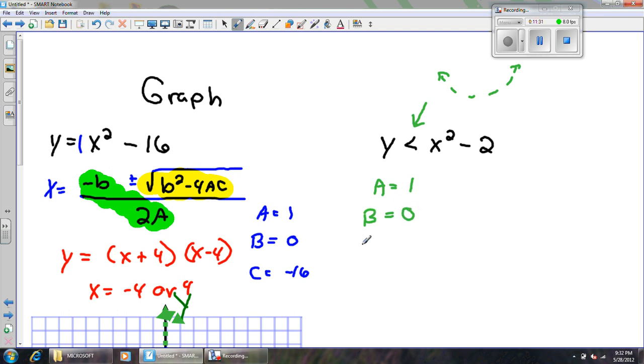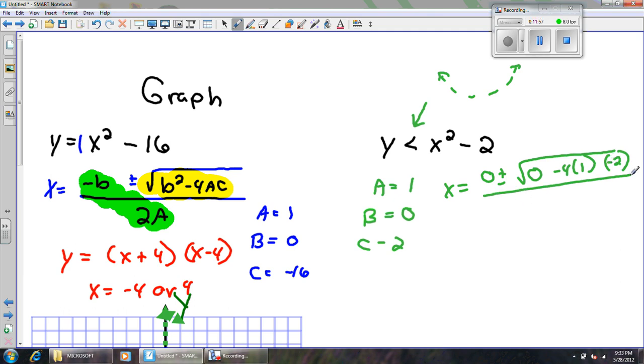All right, and c is negative 2. This one's not going to factor pretty. Okay, so I'm going to go to the quadratic formula. So x equals negative b plus or minus square root of b squared minus 4ac. The whole thing is over 2a.